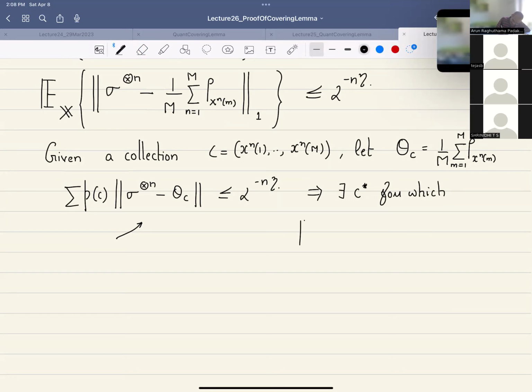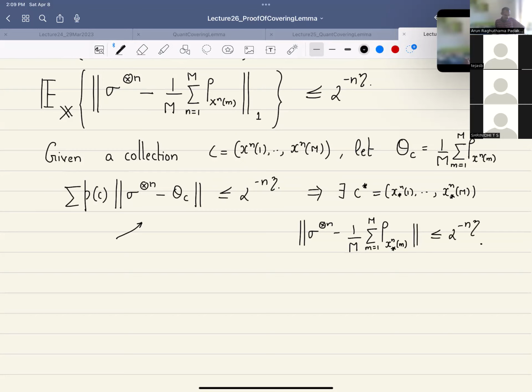There exists a C star, let me write it as xn star of 1 all the way until xn star of m, so that sigma tensor n minus 1 by 2 power m, rho xn star of m, m equal to 1 through capital M, this thing is less than 2 power minus n eta. This is what I'm saying.